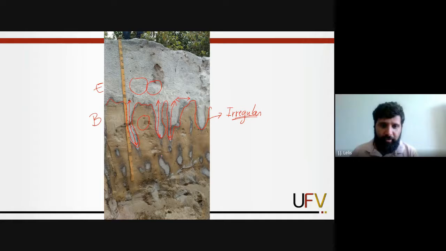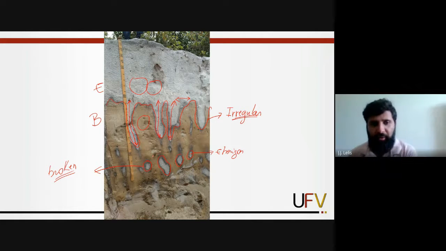And we can also see some spots here. These are discrete pieces of an E horizon. So we have some discrete pieces of one horizon inside another horizon, and these are the broken boundary between a horizon and another horizon.